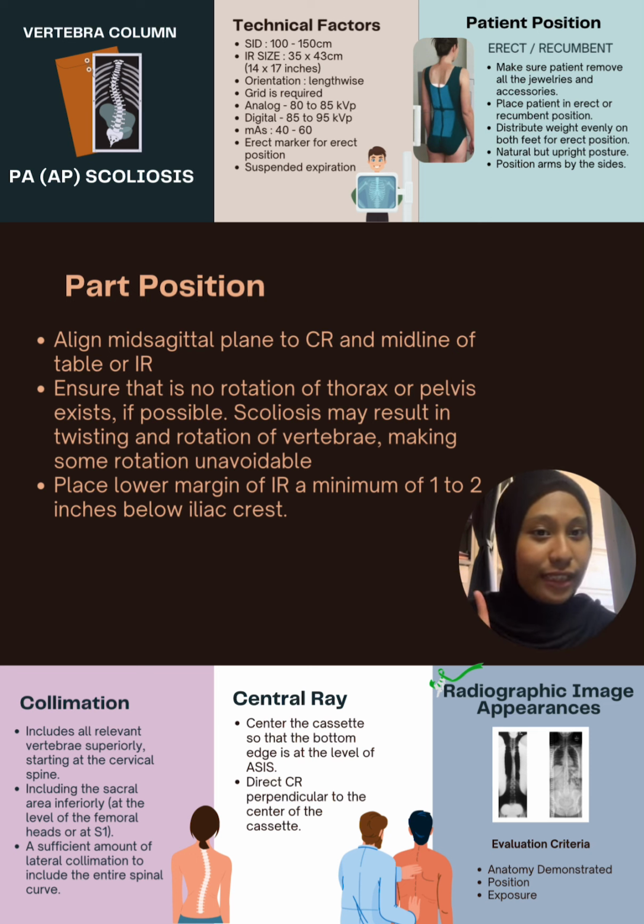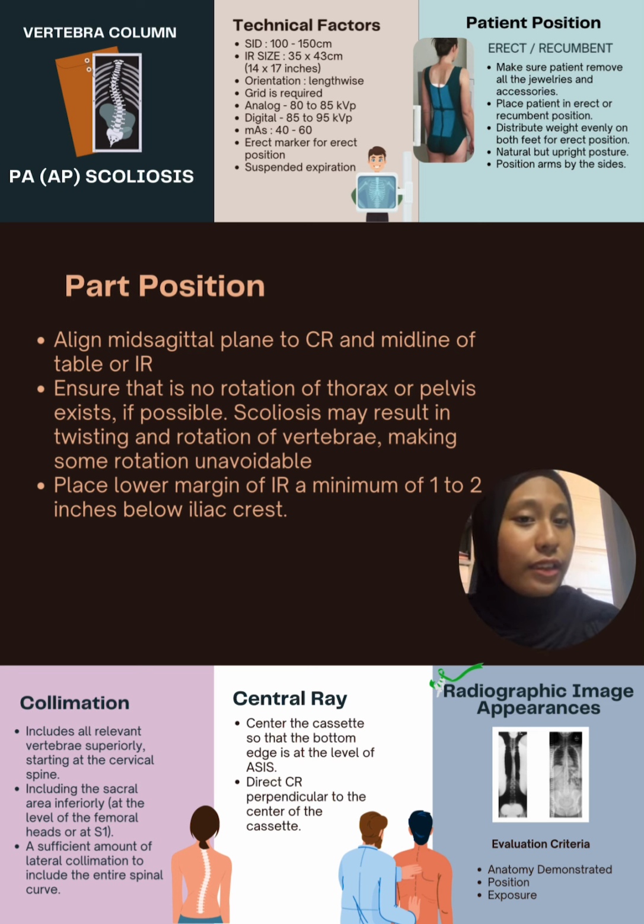The first one is you must align the mid-sagittal plane to the central ray and midline of the table or IR, image receptor. The second one, you must ensure that there is no rotation of thorax or pelvic axis if it is possible.